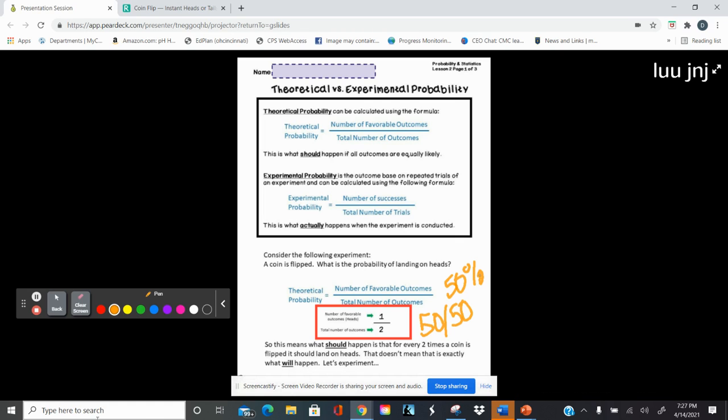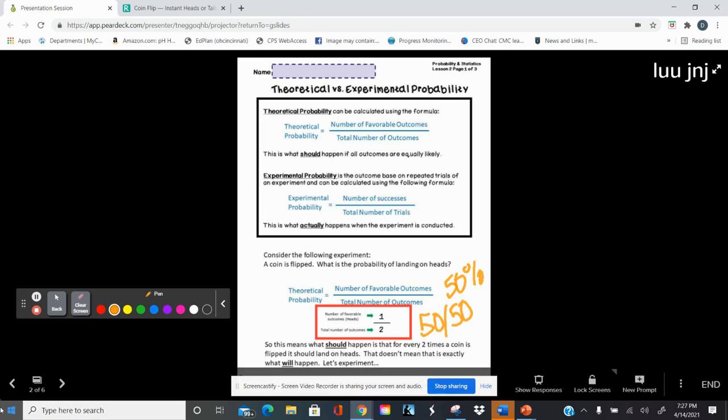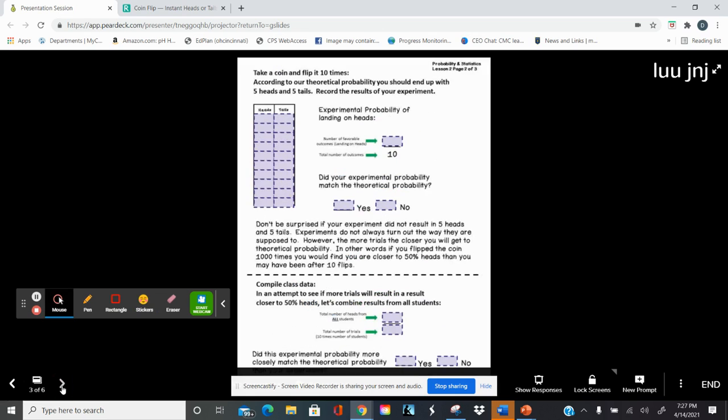So now that we figured out what the theoretical probability is when we're flipping a coin, let's do an experiment to see and test out our theoretical probability. So we're going to go to the next slide and we're going to test it out. Due to the fact that we are not in person, I'm going to have to figure out a way.